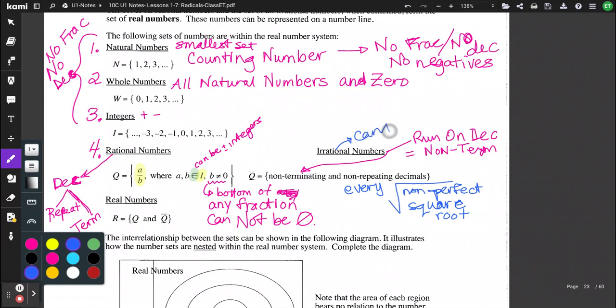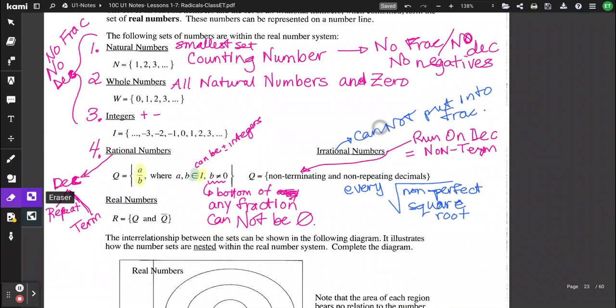You cannot put them into fractions. Okay, so you cannot put them into fractions. That's what that's telling us. Boy, that looks like chicken scratch. That's terrible. I really wish this was working better.